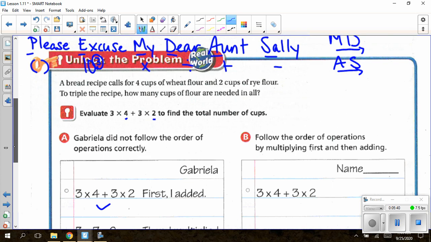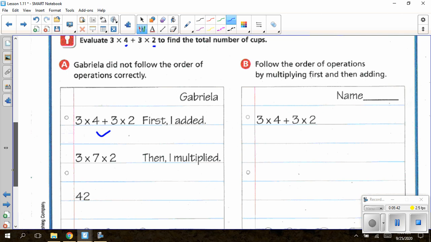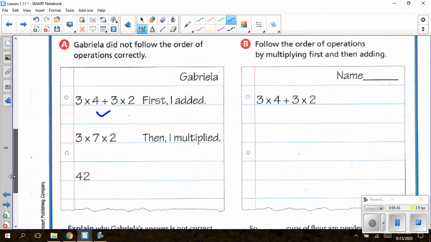Going down to B, we follow the order of operations by multiplying first and then adding. Because our multiplication problems do not affect each other, we can multiply both of them in the same step. I like to place carets underneath the operation that I am going to work with first, so you can easily follow my work to see how I am getting my answers.